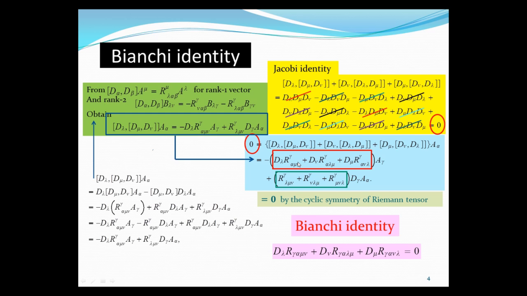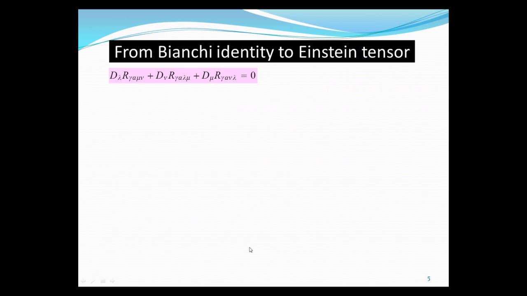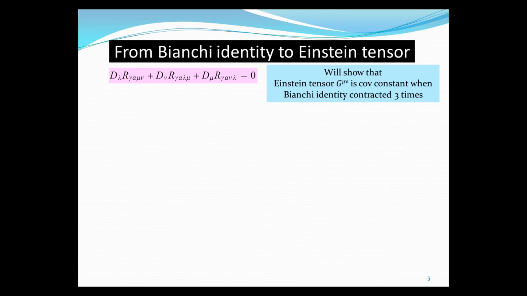I just put the index up, gamma, that's the mix. So now we're going to use the Bianchi identity to find out the constant A equal to minus a half, to give the Einstein tensor. Basically we're going to show that this combination of Ricci tensor and Ricci scalar is covariant constant, by applying the Bianchi identity and contracting three times. I'll explain what I mean.